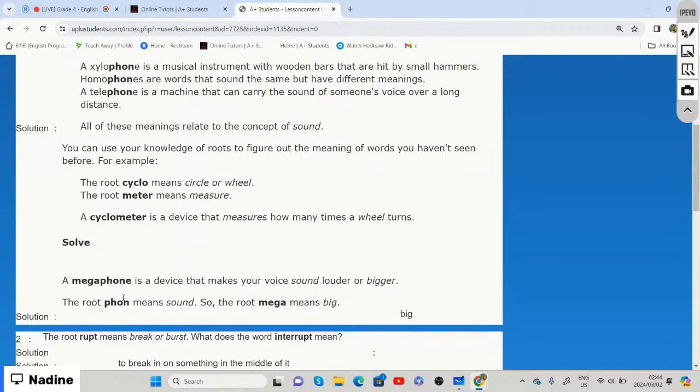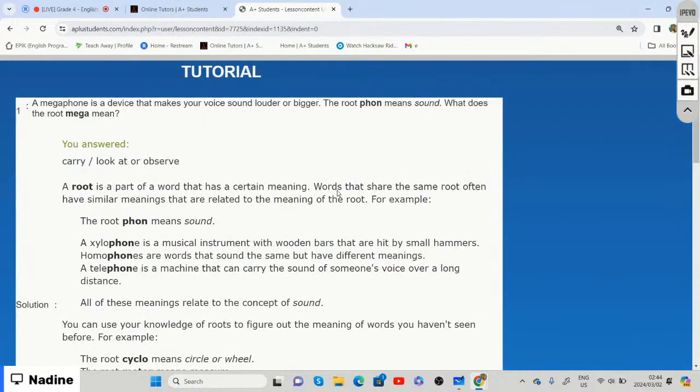So basically, phone means sound, and the root mega means big.